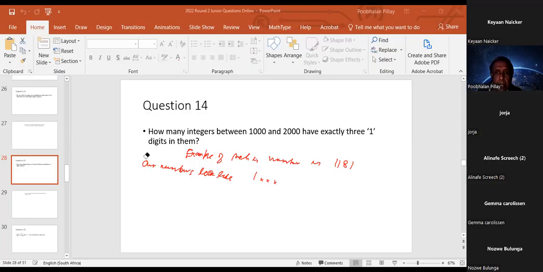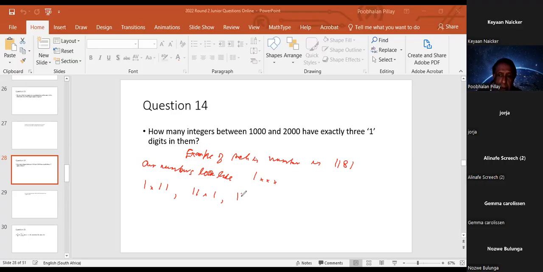Okay, so what we can do now is, one of the digits is left out of these 4 digits. So let's leave one digit out. Suppose we leave the second digit out, but then you need to have 2 ones. The first one is always 1, so you need only 2 more 1s. If you leave the second digit out, you get that, or you can leave the third digit out and you get that.